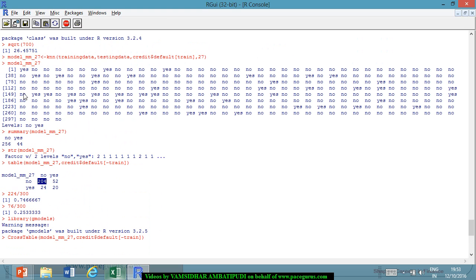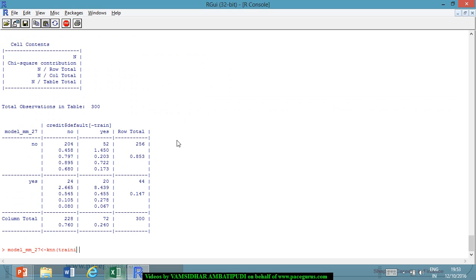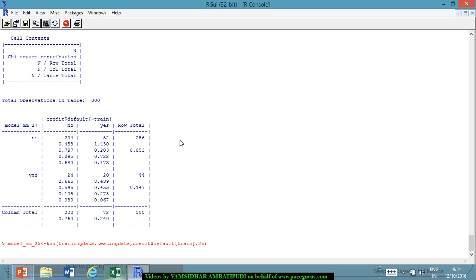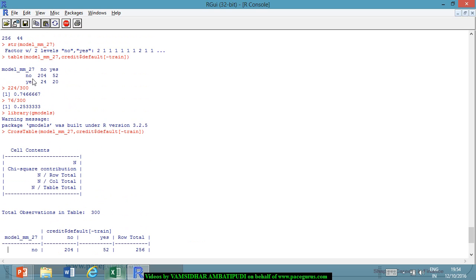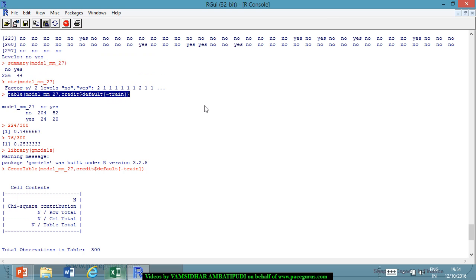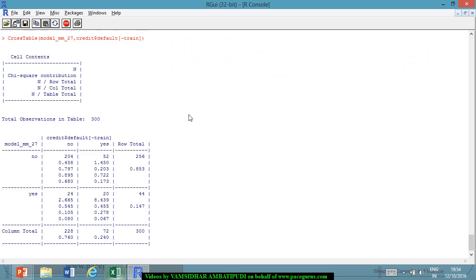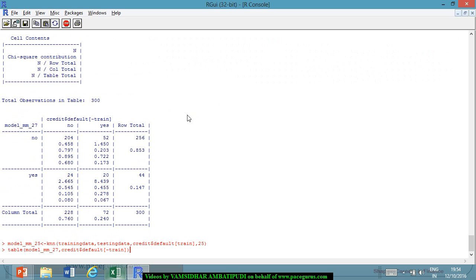So instead of 27, let's say I make it 25. Let me build the model with 25. Once I have built the model with 25, I will simply test this model. So these two steps I may have to repeat to see the accuracy.